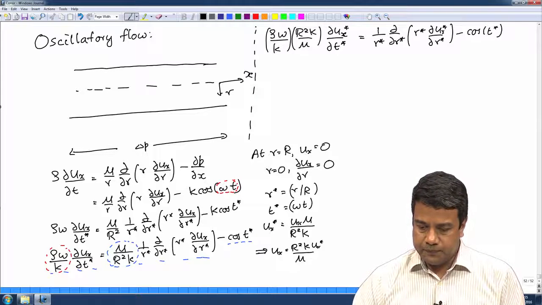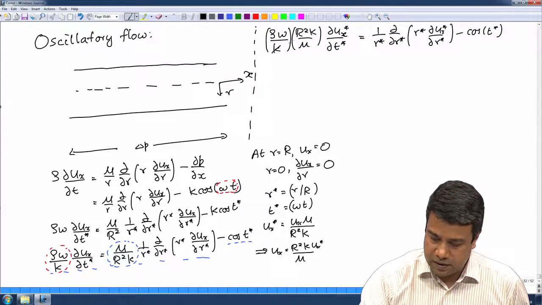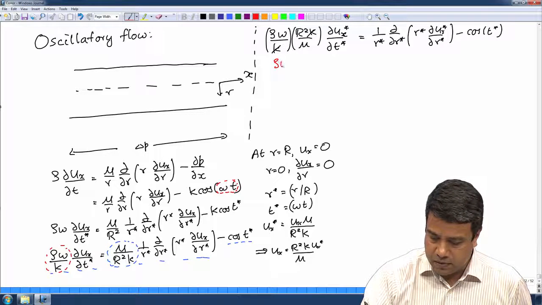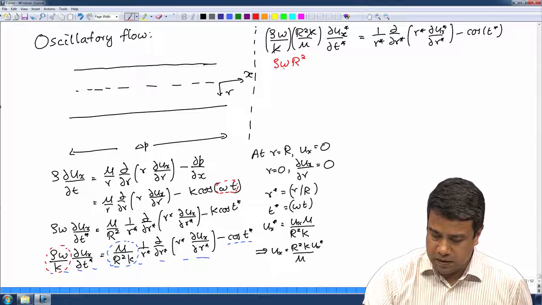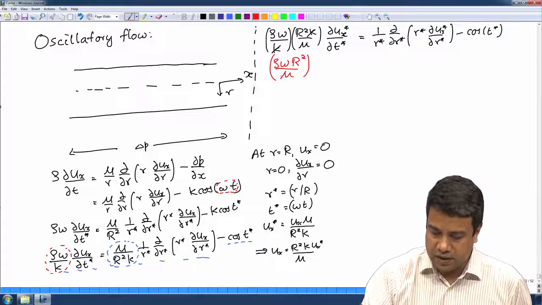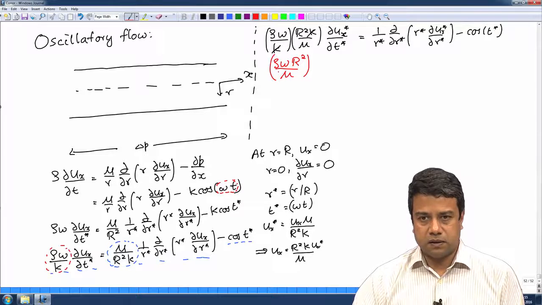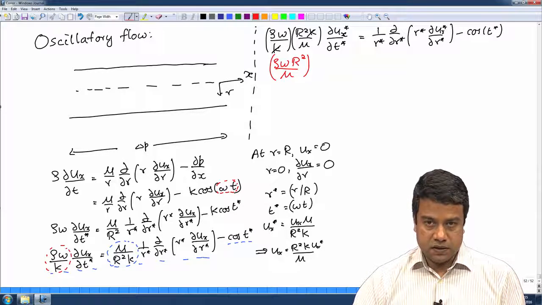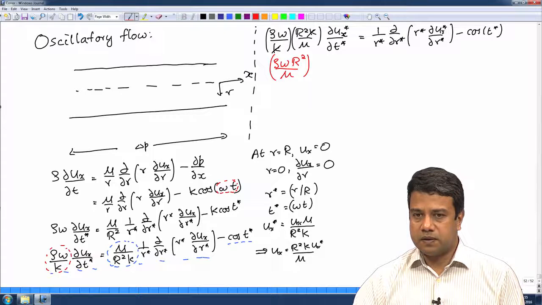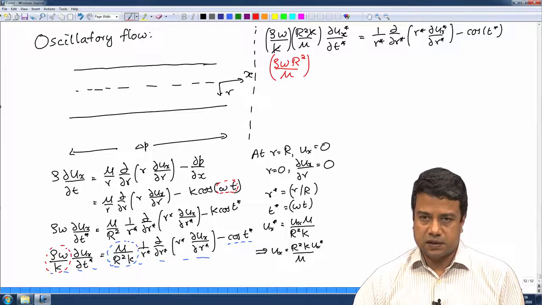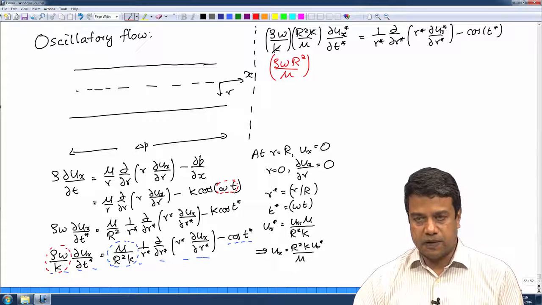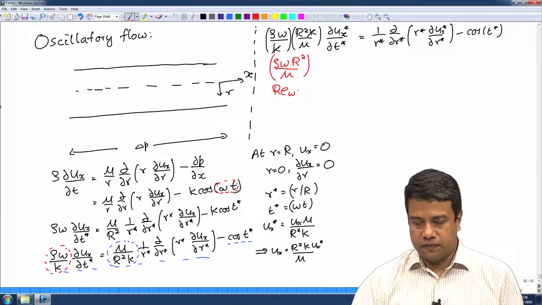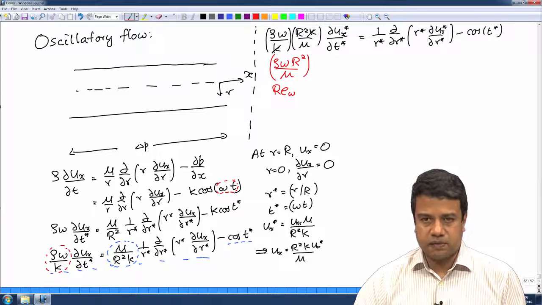And in this first term here k cancels out. So therefore this becomes rho omega R square by mu, that is the coefficient. This is a Reynolds number based upon the frequency of oscillations and the radius of the pipe.